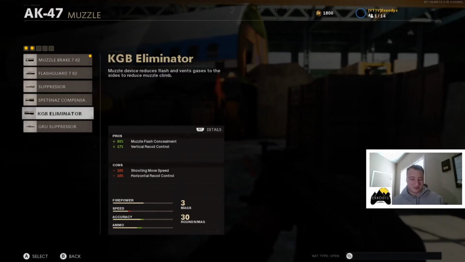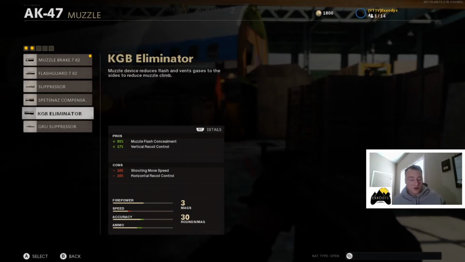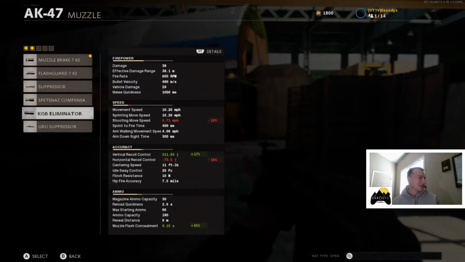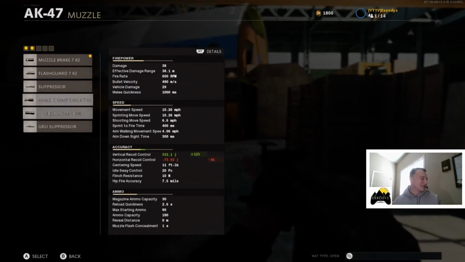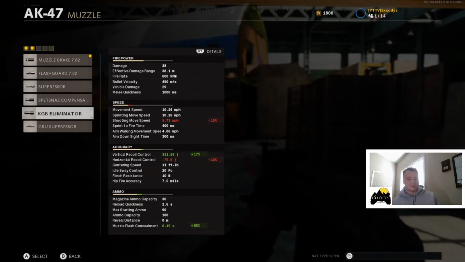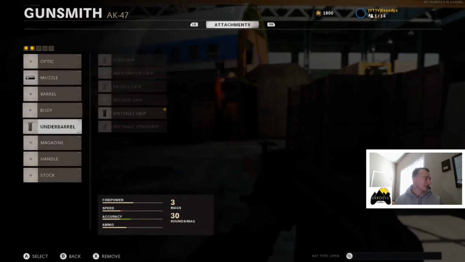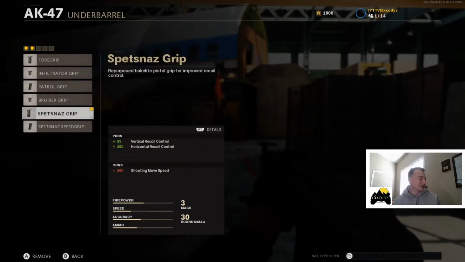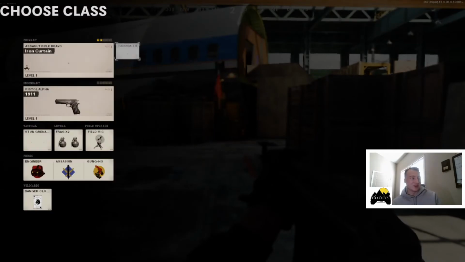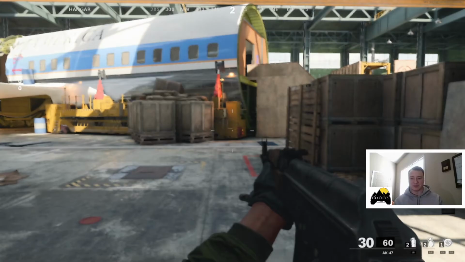Worsening 0 by 10% is, well, 0. Whereas here, where we have a lot more horizontal recoil, worsening that by 10% is going to be a lot more. And then on the underbarrel, we're using the Spetsnaz grip, same thing. It's going to be plus 6% vertical, plus 20% horizontal, and let's see how that's going to play out.